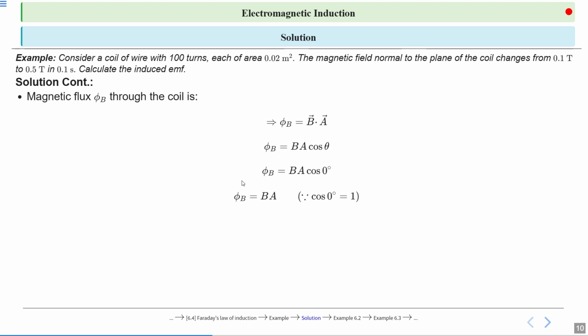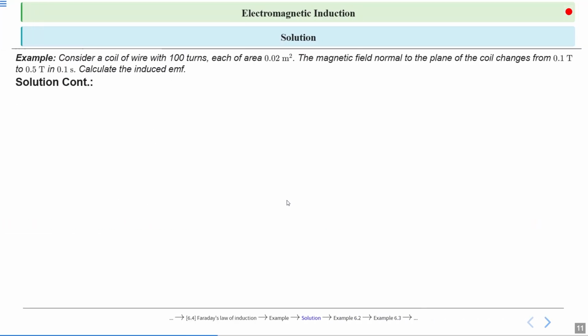Now we have to calculate the initial magnetic flux and final magnetic flux so that we can take the difference of magnetic flux and find the EMF, because cos theta at 0 degree is 1. Initial flux phi initial is equal to B initial into A. This is not a cross product, this is magnitudes.